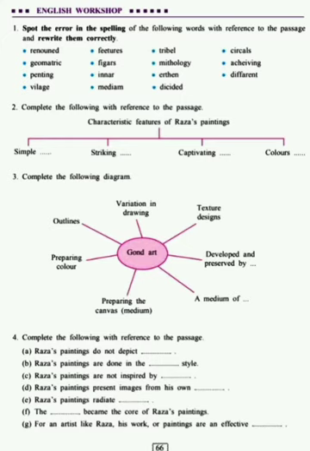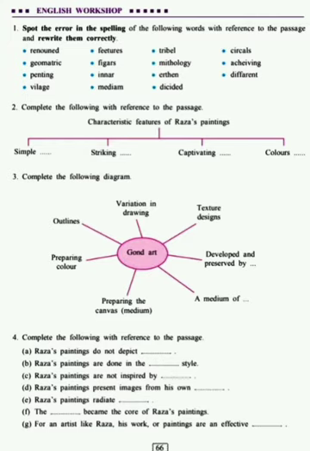If you come to page number 62, you need to find over here where the word striking is. Look, yes, it's there on line number 3. Simple dash, so simple geometric shapes. Striking dash, color combinations. Captivating dash, compositions. Okay, so this is what you have to write.